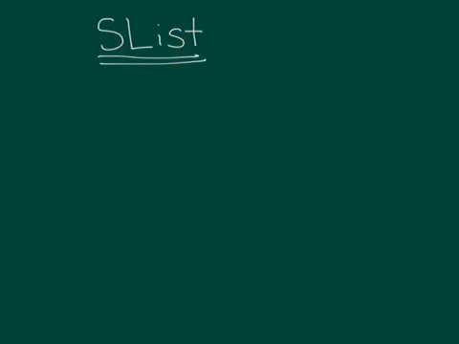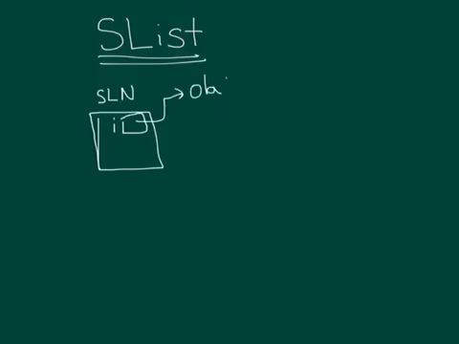So let me show you. Let me draw out the anatomy for you. This is a singly linked list node, and I'm going to call that SLN. That doesn't mean solution. It stores an item, which is some object that you want to store, and then it has a pointer to the next singly linked list node.